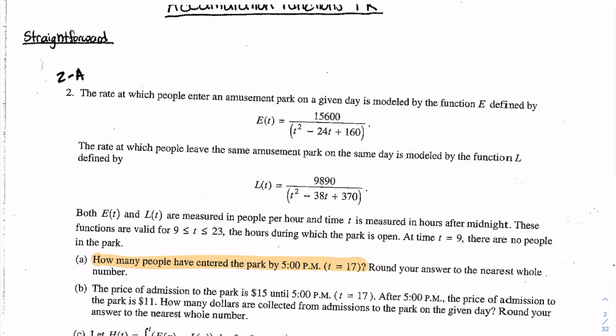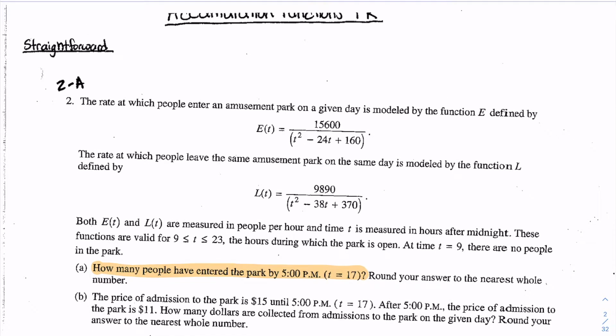So look here, and again, do this on a separate sheet. If you want to know how many people enter the park, it only has to deal with E of t. It has nothing to do with people leaving the park. So if you want to find out how many people entered the park, you're going to have to integrate the rate, E of t.